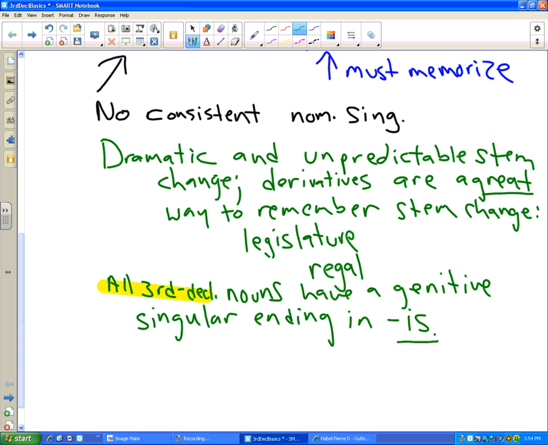It doesn't matter whether it's rex, regis, or homo, hominis, or miles, militis, or neuter nouns that you'll learn later like carmen, carminis, or tempus, temporis. The fact that the genitive ends in short is, and I want to emphasize that it is a short is, is the marker that that noun is going to belong to the third declension.